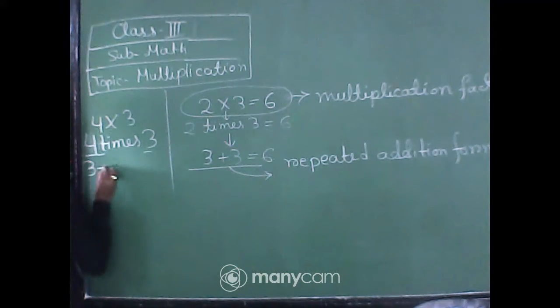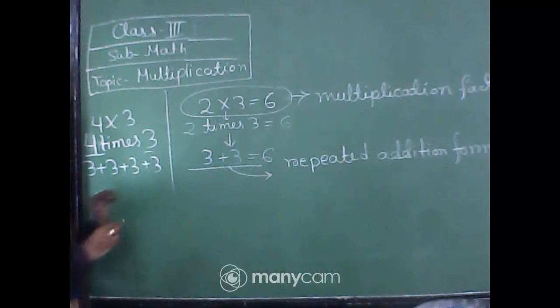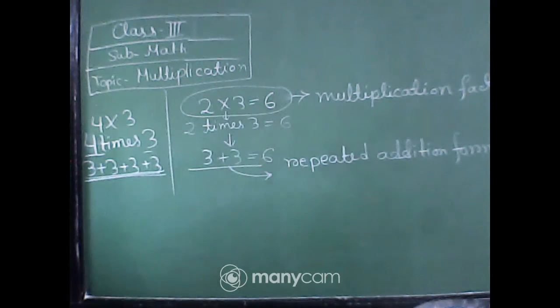So you have to write down 3 four times and add, like 3 plus 3 plus 3 plus 3. This is the repeated form, repetition. See, how many times the 3 is repeated is 4 times, isn't it? The addition symbol comes 3 times, but you repeat the 3 for 4 times, okay?